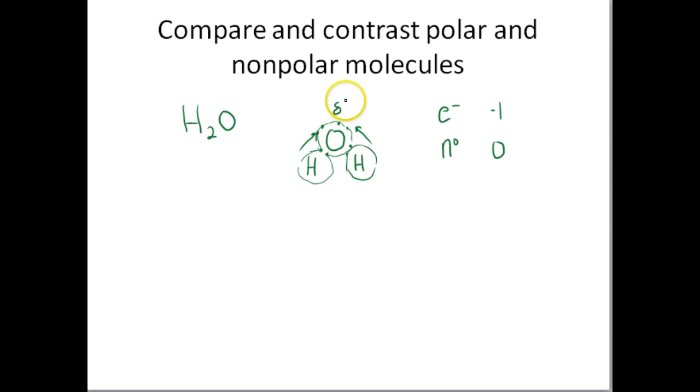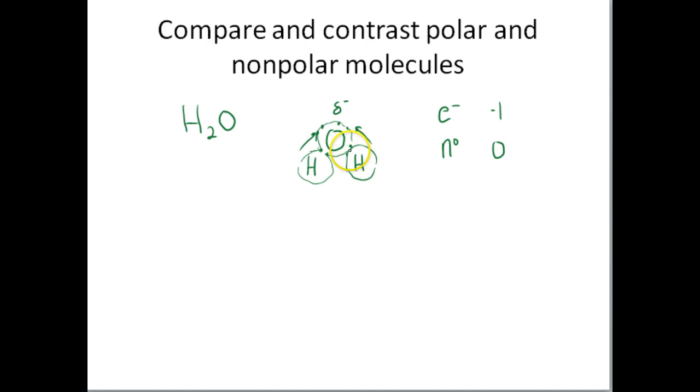And we indicate that with the symbol here for lowercase, I believe it's a delta. Let me put a little sign here. And what this means is that this side of our molecule has a partial negative charge. The hydrogen in this case is going to have a partial positive charge. So the shared electrons are going to be spending a bit more time hanging out with the oxygen.